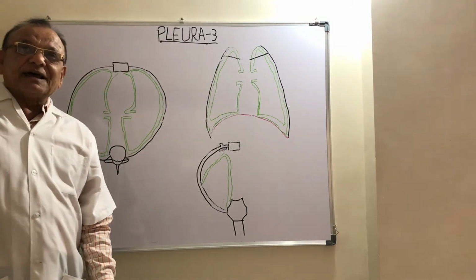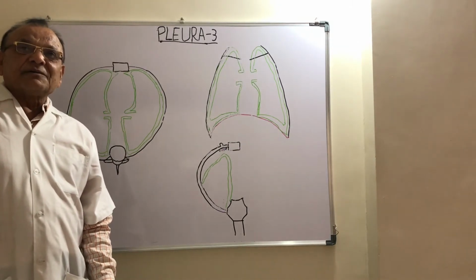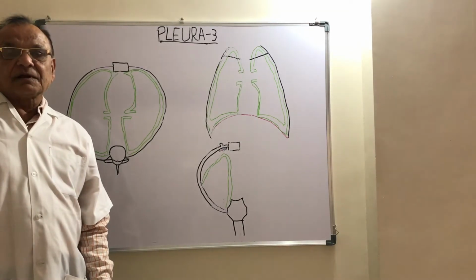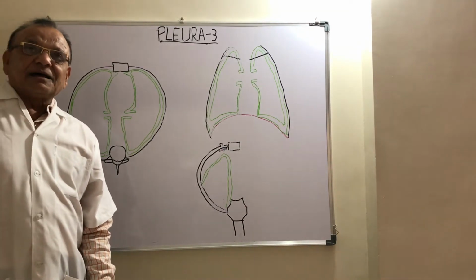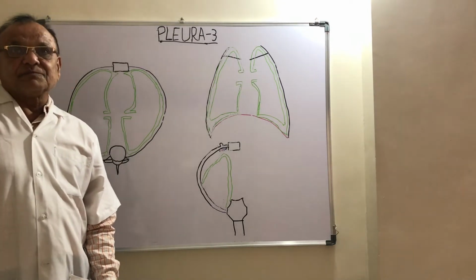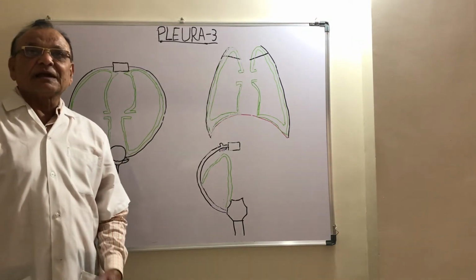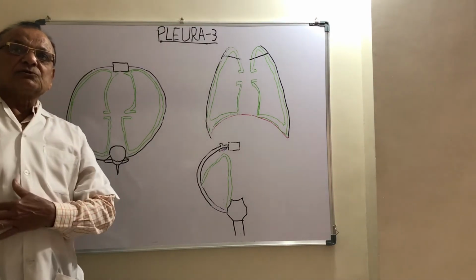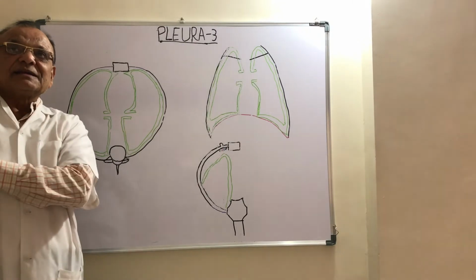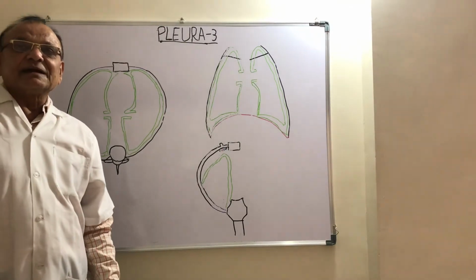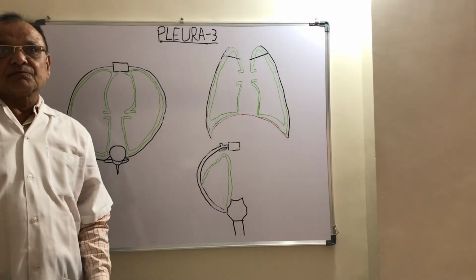In the mid-axillary line, the pleural cavity extends from the 8th to the 10th rib, and in the mid-scapular line, it extends from the 10th to the 12th rib.